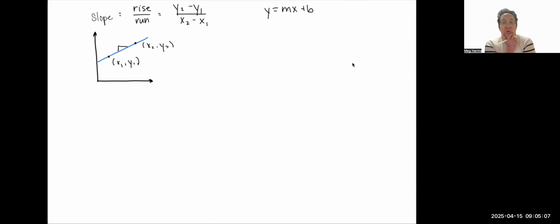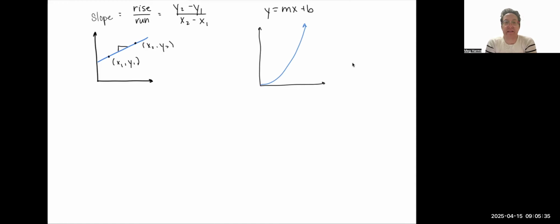And at some point, you may have wondered, but what if it's not a line? Because right around the same time that we start to learn this, we start to think about other interesting graphs, like ones that look like this. Could we find the slope of a curve?